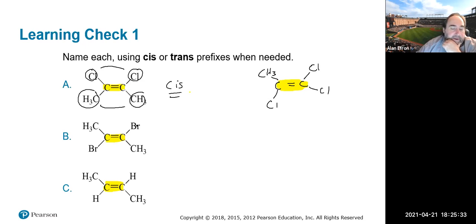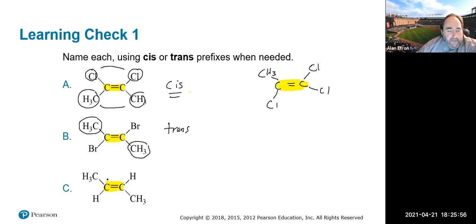Looking here at our double bond, the bromine and the methyl group on the right-hand side are different. The methyl group and the bromine are different. The methyl groups on opposite carbons are the same. The location of the methyl group and the methyl group are opposite of each other, which means this guy would be a trans isomer.